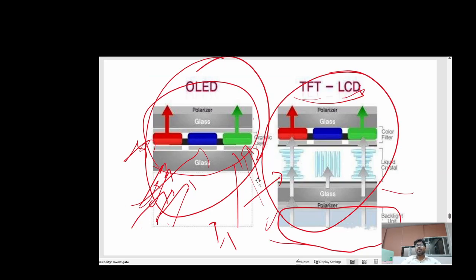So there will be one polarizer that will polarize the light in a single direction. Light comes in all the directions, right? When light passes, there is some electric field associated, there is a magnetic field associated.